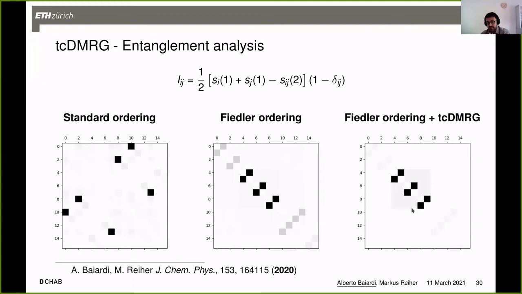And also looking at the entropy structure of the wave function, this confirms that this faster m convergence is due to the fact that the entanglement structure of the wave function regularizes, and so we can encode the wave function as a more compact MPS.